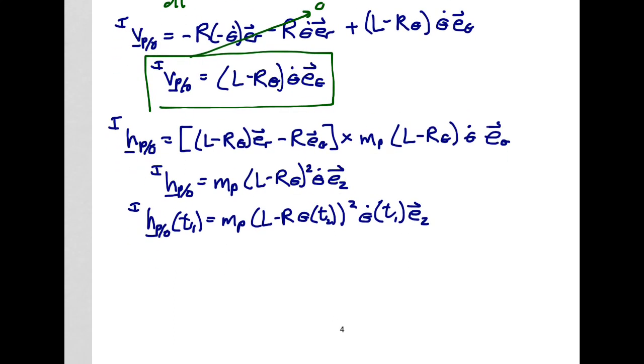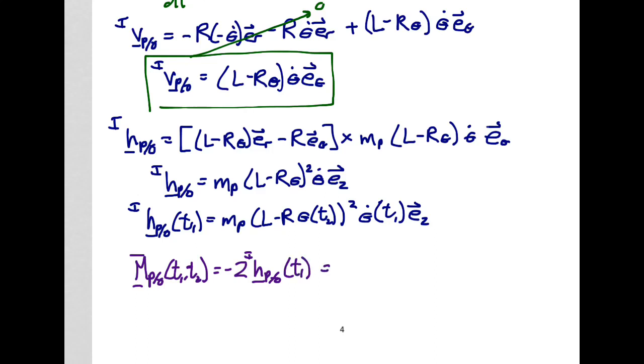And so our final step is simply to plug this into the expression that we developed earlier, which is that our angular impulse across that small time 1 to time 2 is going to be equal to negative 2 multiplied times our angular momentum at time 1.